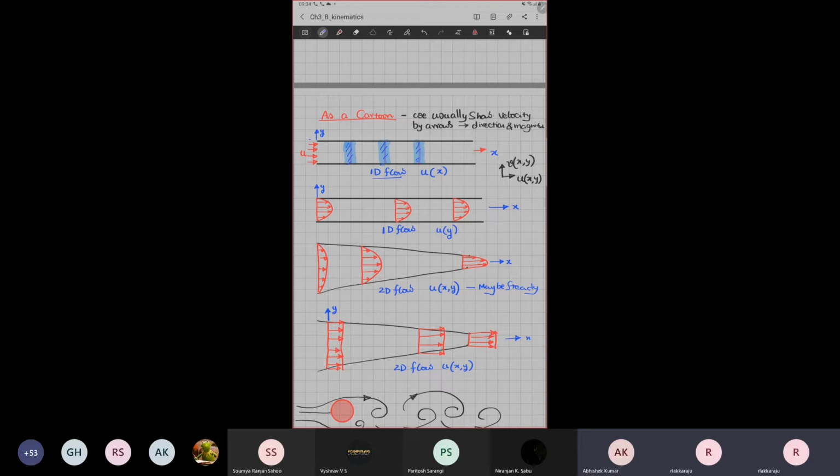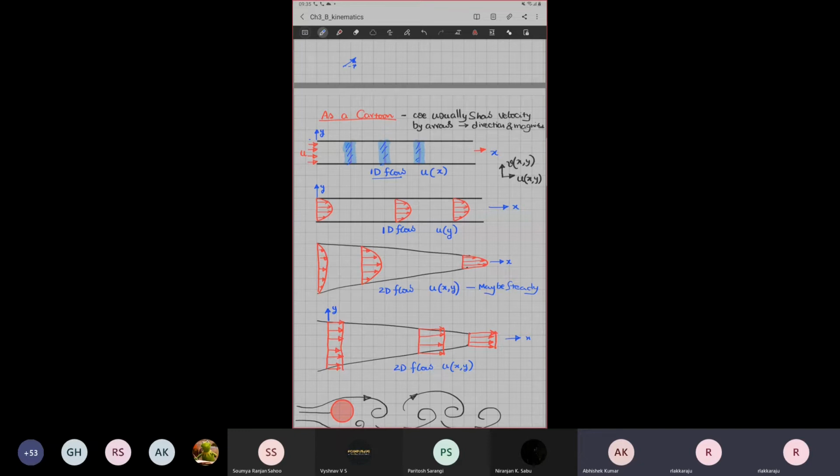Because velocity is always a vectorial quantity, I always have a direction, and I can decompose it into x-directional and y-directional components. This is at each and every point in the flow field.